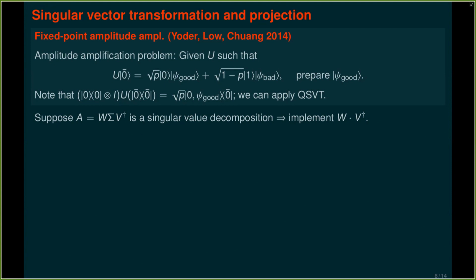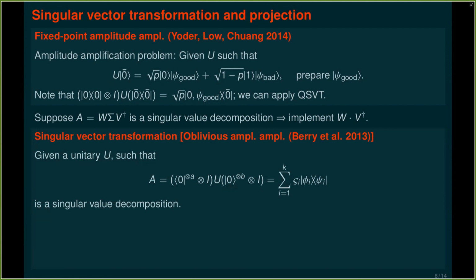In the previous case, that would be just the unitary that maps the 0 initial state to psi good, and you can implement that approximately using the above method. But you can also ask for this problem when this matrix A does not only consist of a single column, like in amplitude amplification, but is actually a matrix which has larger dimensions.